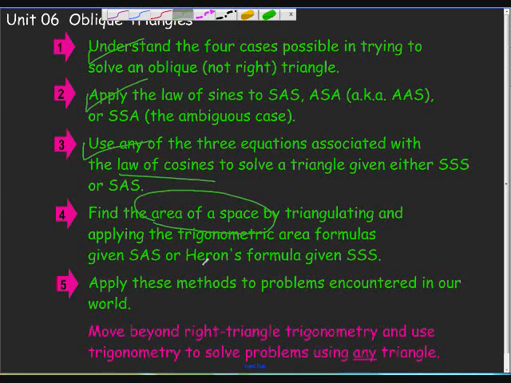We're either going to use Heron's formula, or we're going to apply some area formulas for finding area. The very last session we will do in Unit 6 will be some real-world examples.